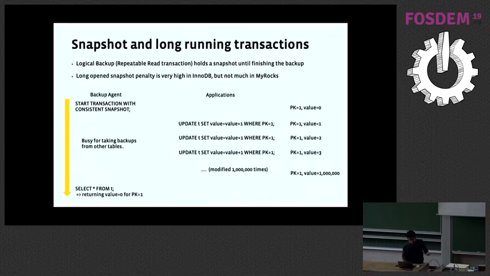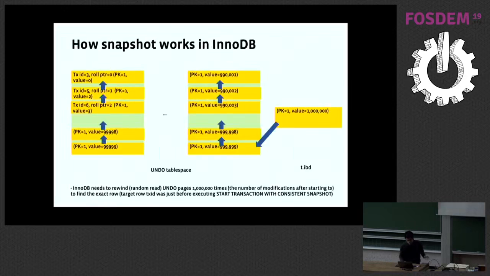But this backup client selecting from T returns the value equal 0 for that primary key, because the transaction started before updating the table. So for this select statement, InnoDB is extremely expensive, but MyRocks is not much more expensive. Let me explain the difference.